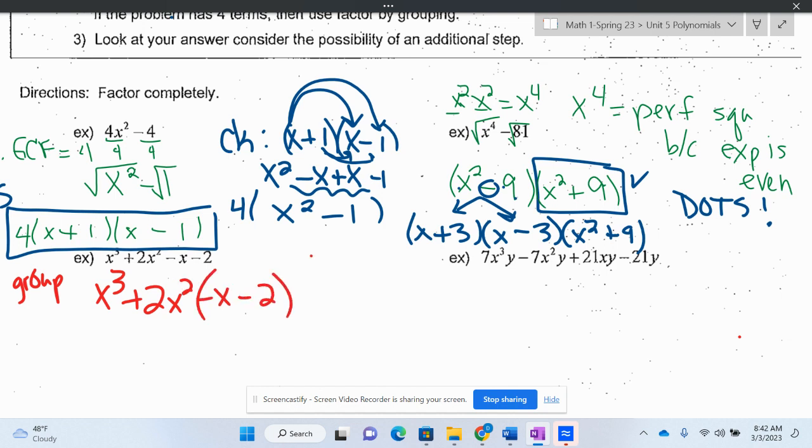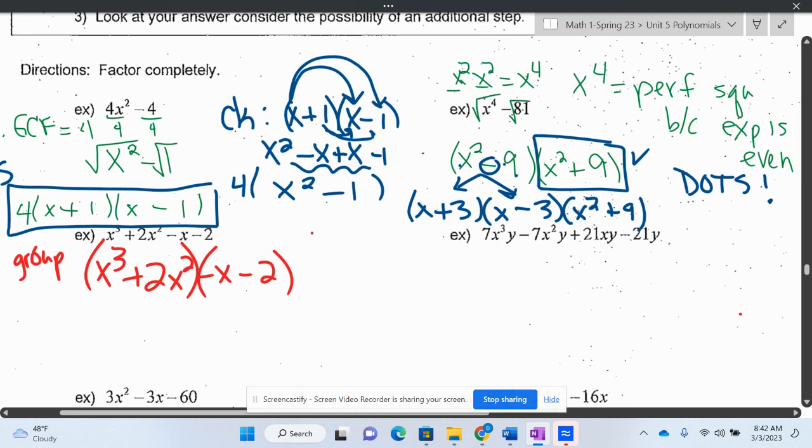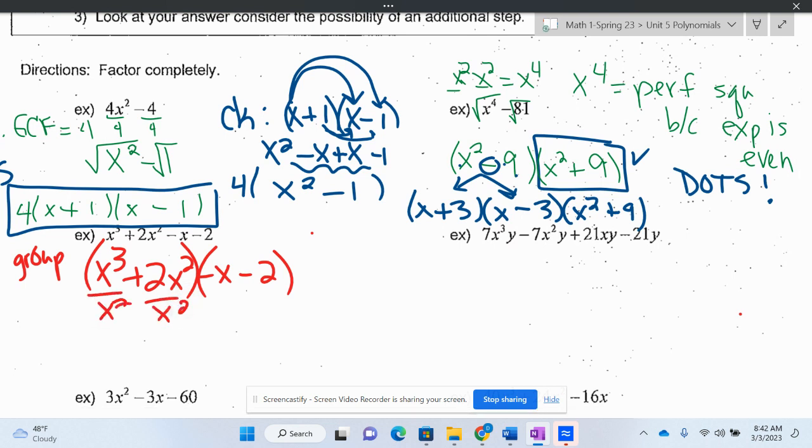I'm going to group these together. So what can I take out of the first one? I can take out an x squared. So when I take an x squared out of the first grouping, what do I have? I have x plus 2.